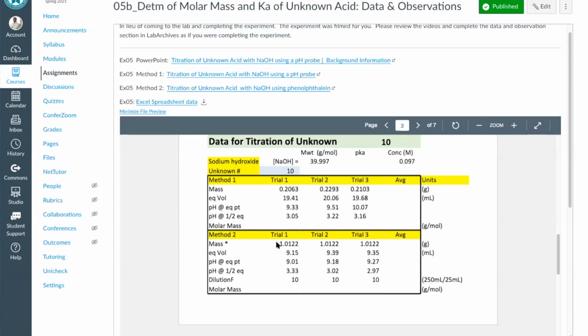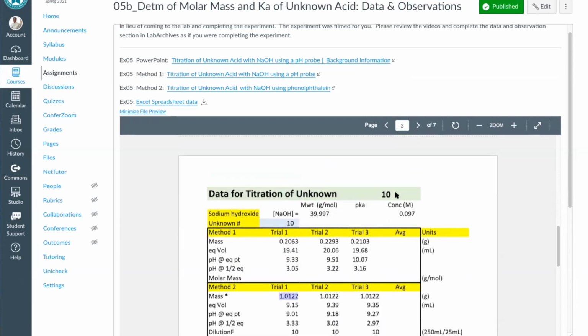So this original solution that is in the volumetric flask, you've got to multiply your moles by 10 if you're going to use this mass right here to get the molecular weight, or take this mass and divide by 10 and then use this volume. But there's a factor of 10 in there that you have to know how to use when you do your calculation. Either increase it by 10 or decrease it by 10, but change your volume accordingly. Then you can calculate the molar mass.